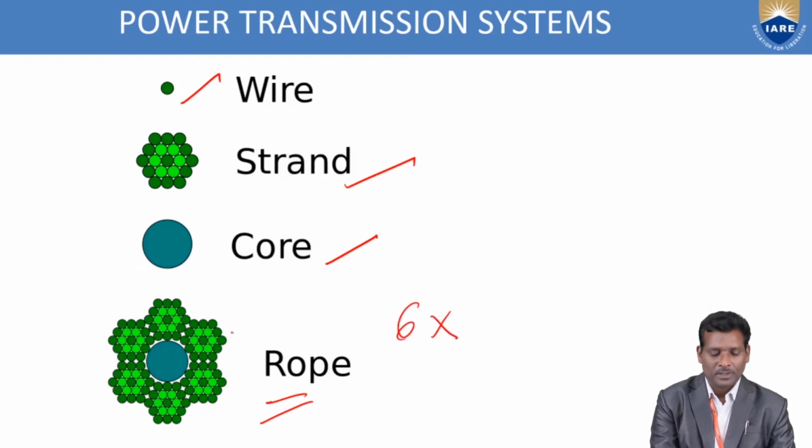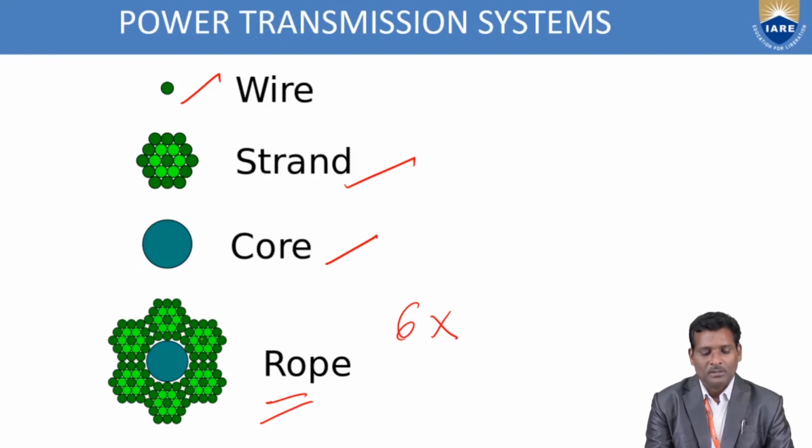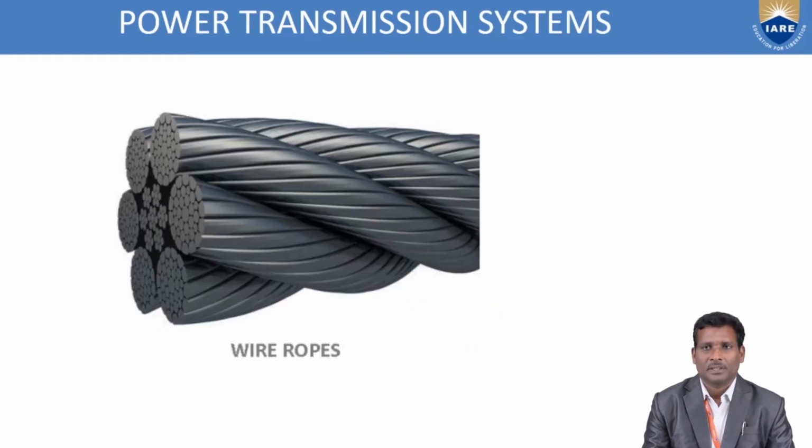Divided by how many wires are there? 1, 2, 3, 4, 5, 6, 7, 8, 9, 10, 11, 12. 3, 6, 9, 12, total 12 wires are there. So total 6 by 12. Like this you give the designation. So this is the wire rope diagram.